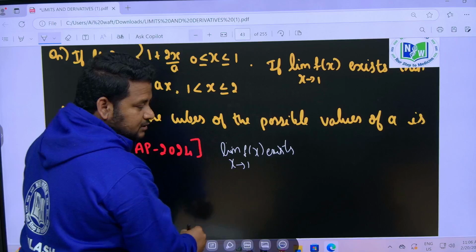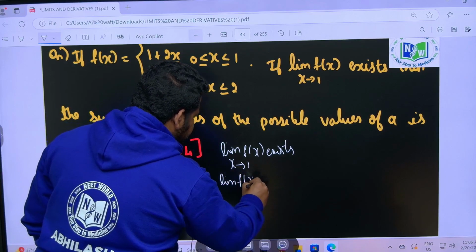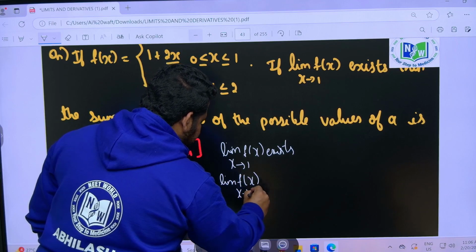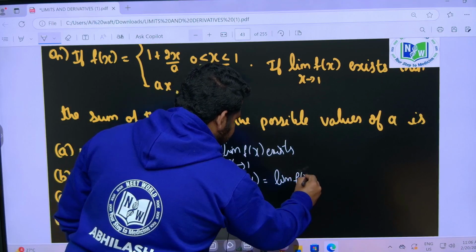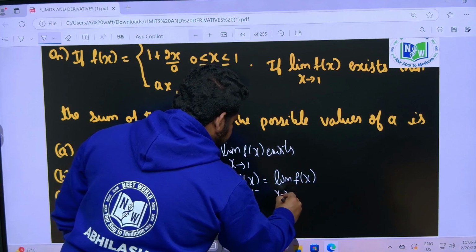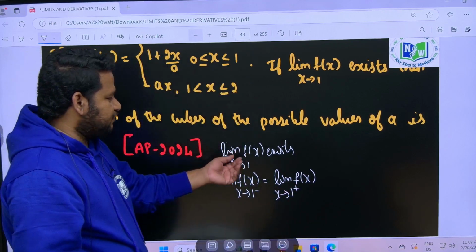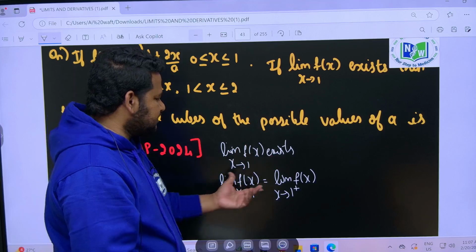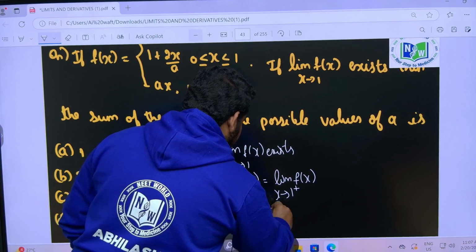That means limit f of x as x tends to 1 minus will be equal to limit f of x as x tends to 1 plus. That is, LHL will be RHL, because limit f of x as x tends to 1 exists. Therefore LHL will be equal to RHL. Okay.